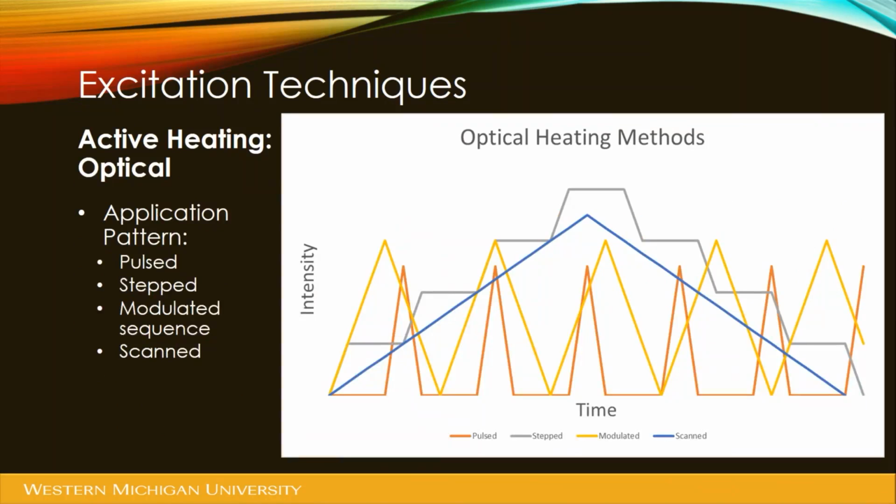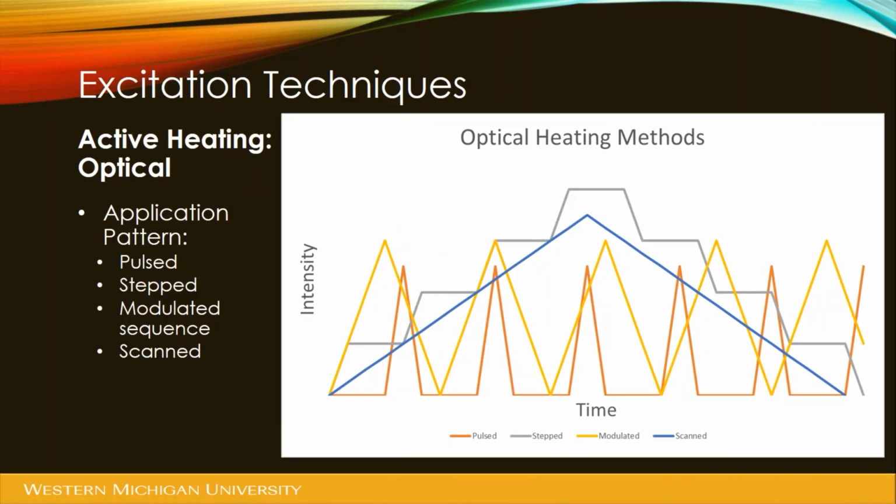Step, you can see this graphically. It goes up, up, up, down, down, down, and you can take pictures as the heat source is at each of those steps. So you'll see how energy transfer is taking place over time and at different energy levels.